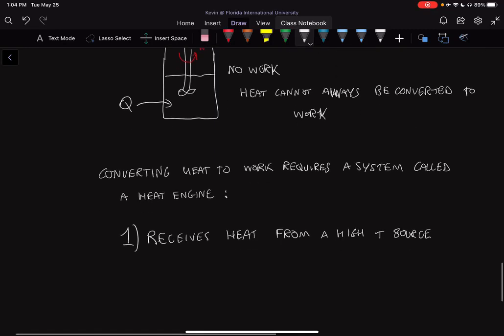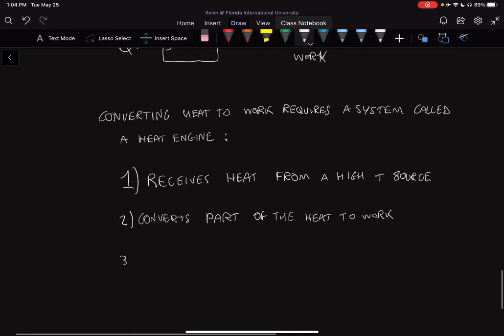Once it receives the heat, it converts part of the heat to work, and since it converts only part of the heat to work, the rest of the heat is rejected to a sink.